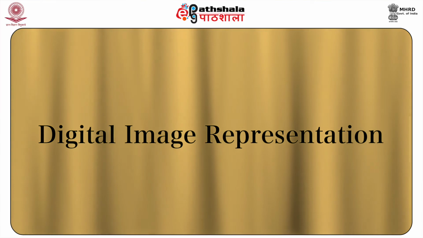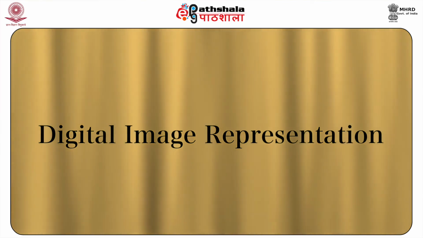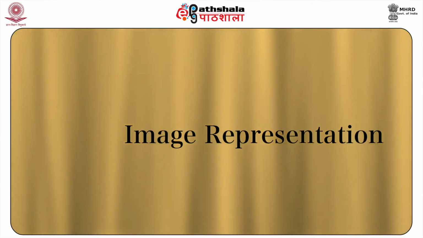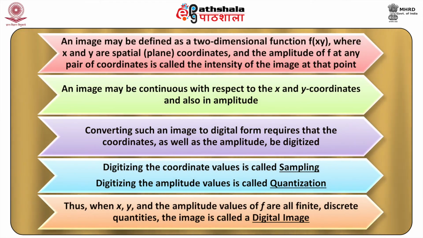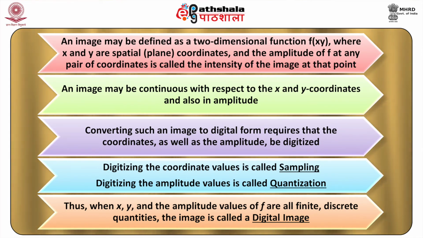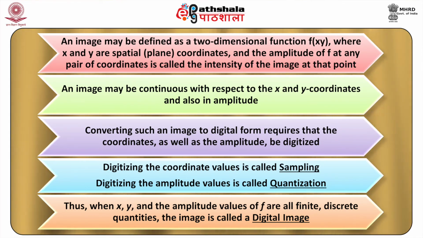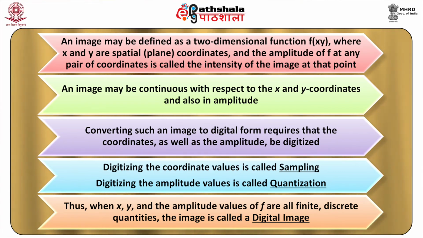In this, we have first the digital image representation. An image may be defined as a two-dimensional function f(x,y), where x and y are the spatial plane coordinates and the amplitude of f at any pair of coordinates is called the intensity of that image at that point. An image may be continuous with respect to the x and y coordinates and also in amplitude.